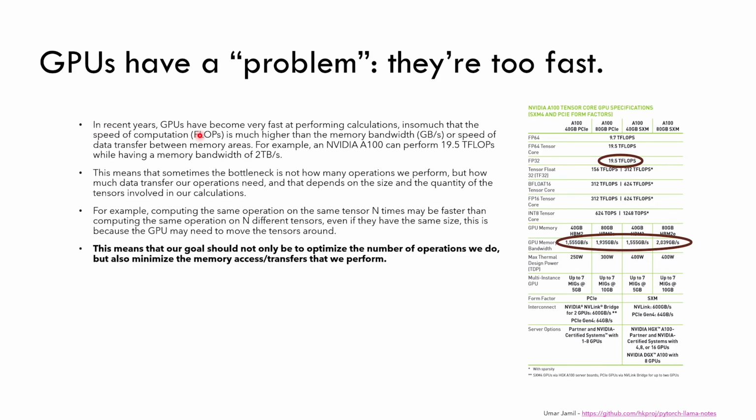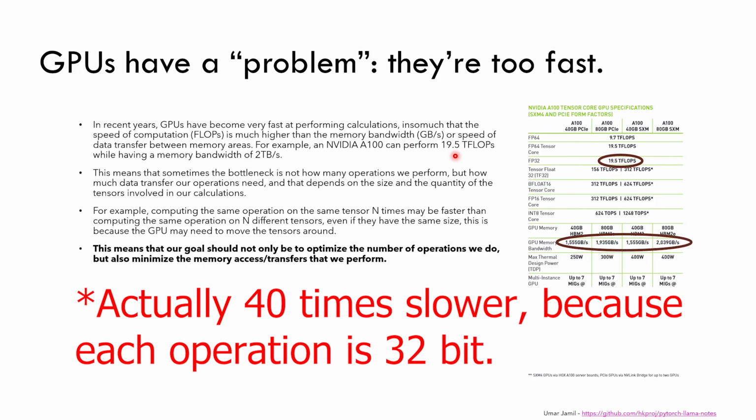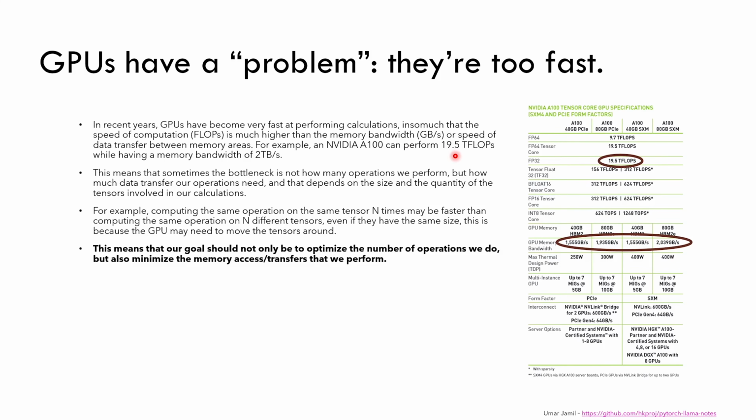That means, for example, that the A100 can do 19.5 tera floating point operations per second using 32-bit precision, while it can only transfer 1.9 thousand gigabytes per second. It's nearly 10 times slower at transferring data than it is at performing calculations.